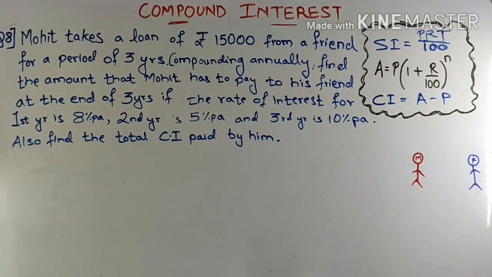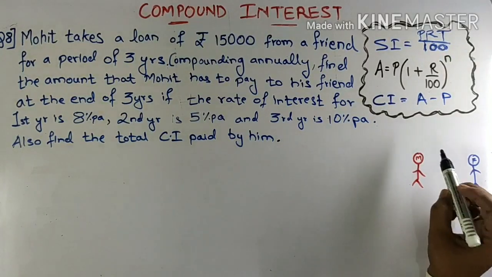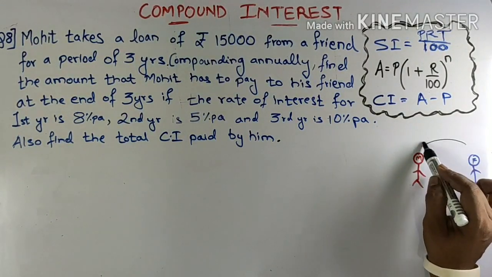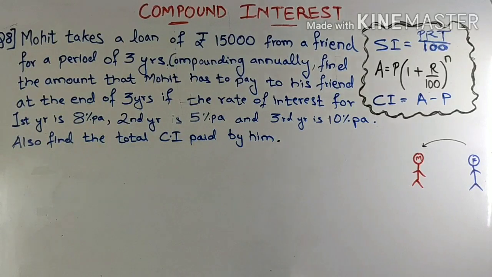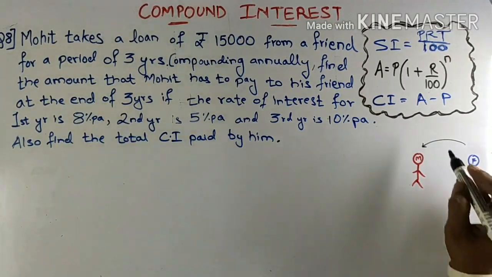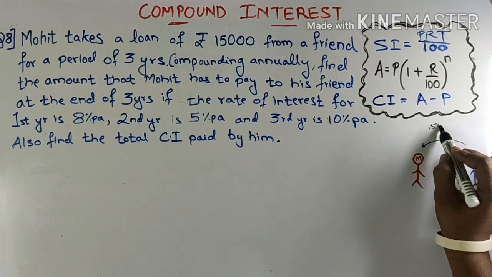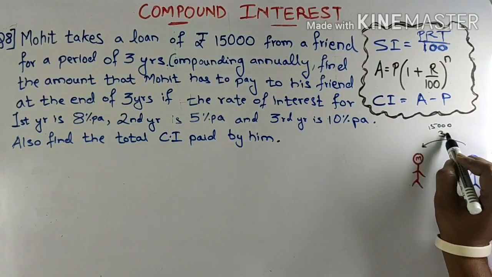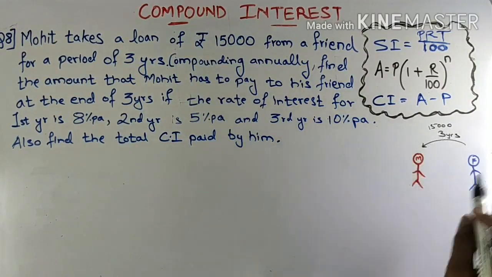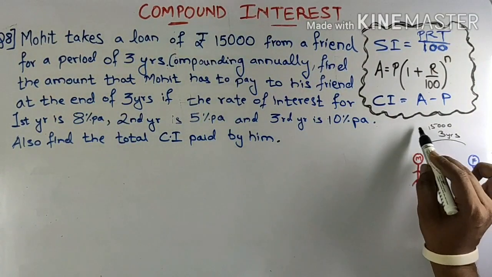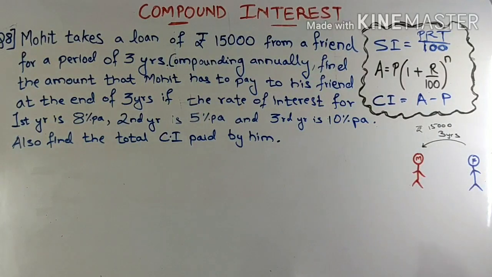Now understanding the question, Mohit takes a loan of 15,000 from his friend for a period of 3 years. Now the rate of interest for all the 3 years is varying.